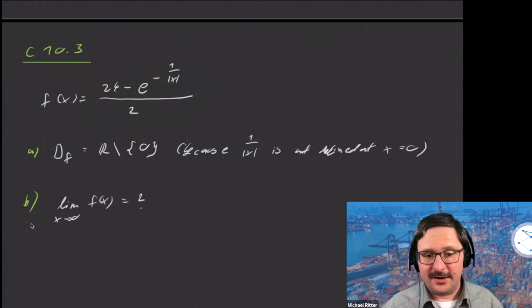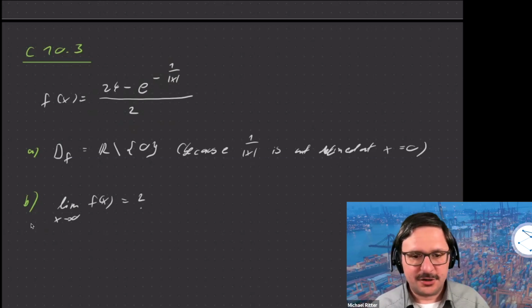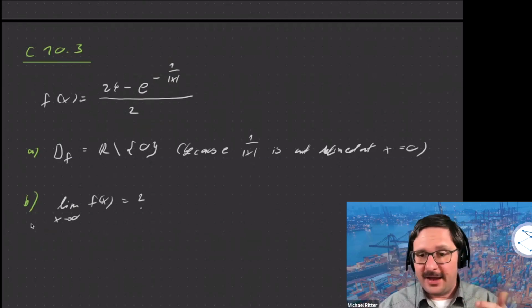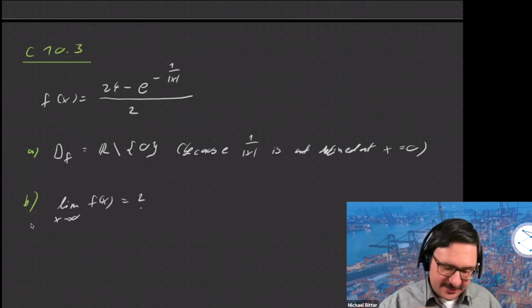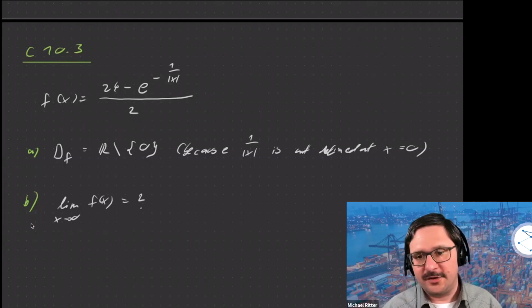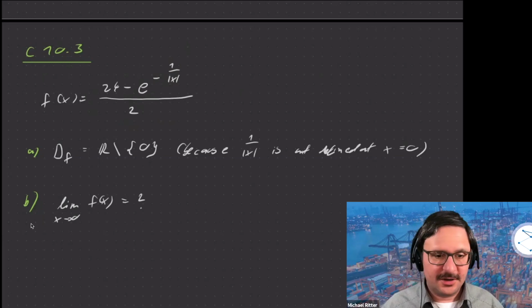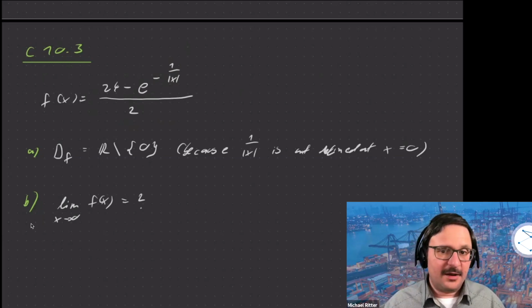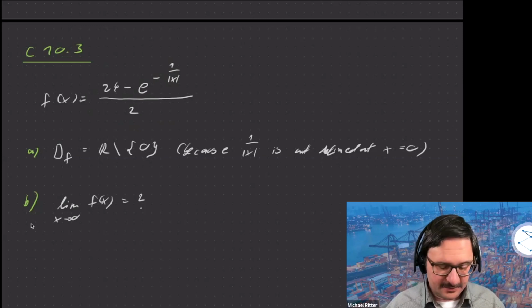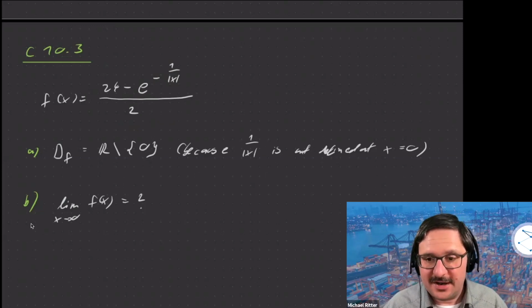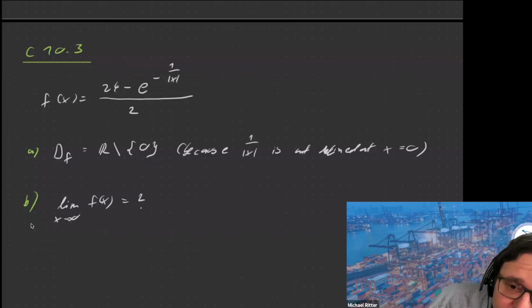And if there is a limit, we could define a new function that is equal to f everywhere but at 0. And at 0, we just define the function value to be equal to that limit. So it's going to be continuous. And that would be a continuous extension. So that would exist if that limit exists. And the question is, well, basically the task is to compute that limit now.